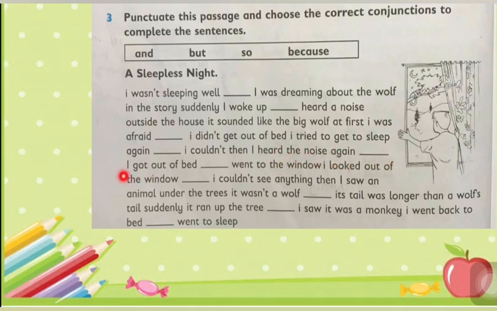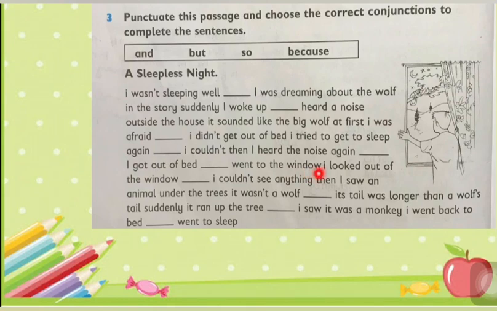I got out of the bed. I heard the noise again, so I got out of the bed. Now, since he heard a noise again, there is a problem. And what is the solution? He got out of the bed. And why are we using and here? Another piece of information. And went to the window.